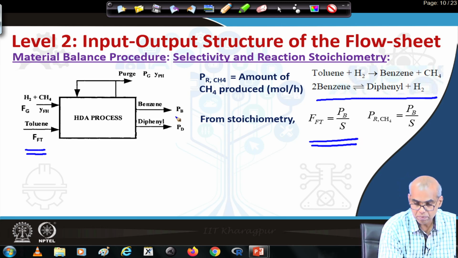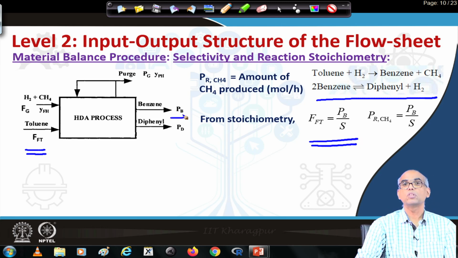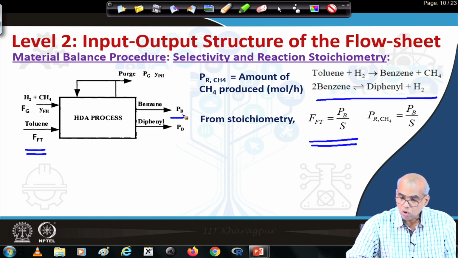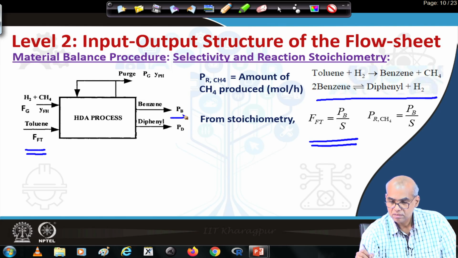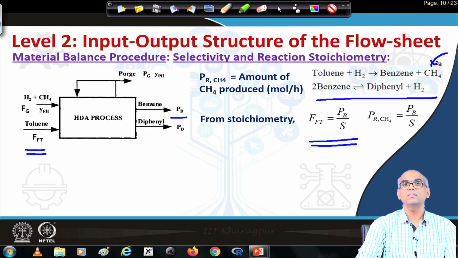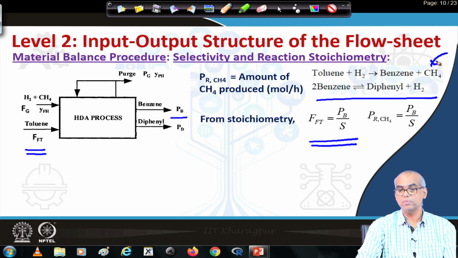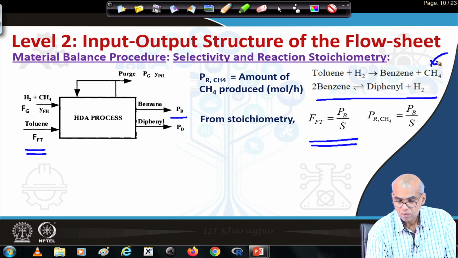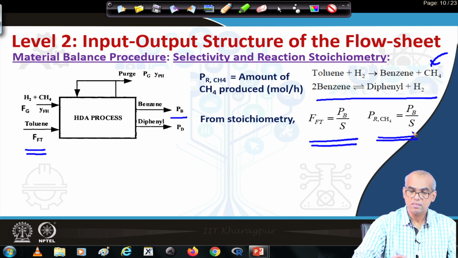So, the benzene is Pb moles per hour, so FFT will be Pb by S moles per hour. Also, in the process, the amount of methane produced is the same as the amount of benzene. So, 1 mole of benzene and 1 mole of methane is produced. So, the amount of methane produced is also Pb by S moles per hour.